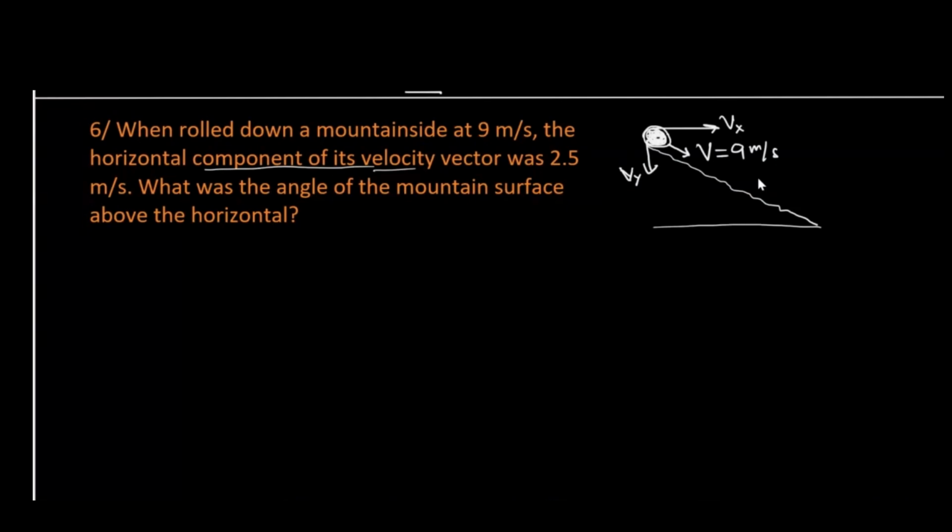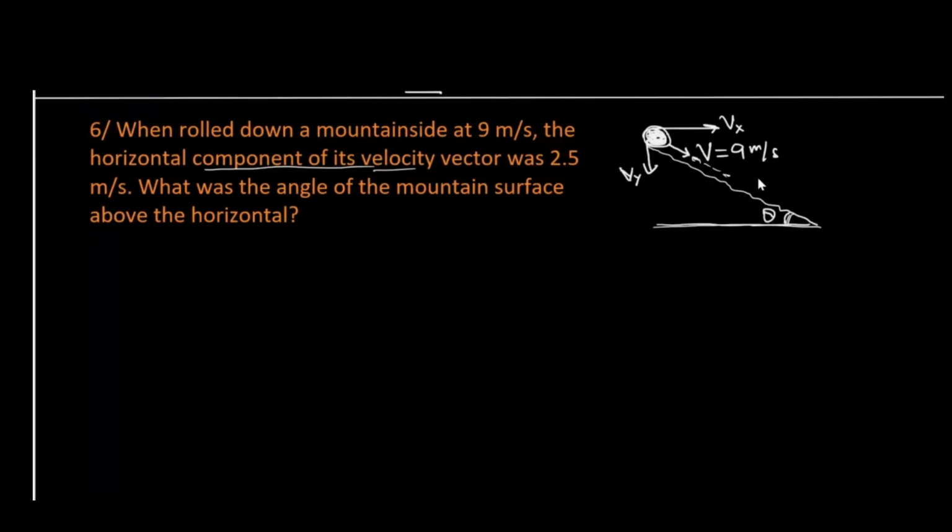Now, finally you are asked what was the angle of the mountain surface above the horizontal. If this is the horizontal, and this is the mountain surface, then this angle is asked. We can call this angle theta. Now, if you think about this, we can create a triangle here if you just extend this vector, because it's going all the way down, 9 meters per second.